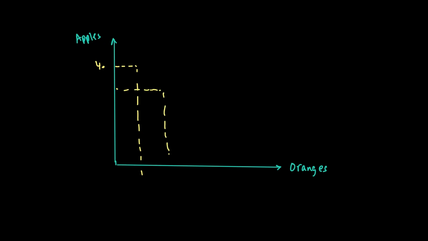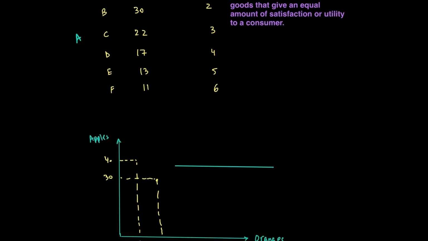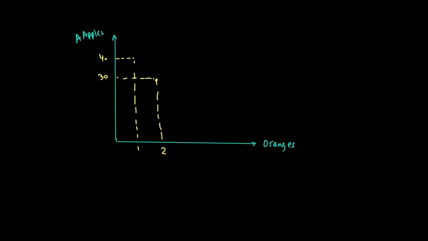If you go back to the table, you had these values of 30 and 2, and then we had 22 and 3, and so on and so forth. So we can plot these values and draw our indifference curve. When I plot these values, you will find, for example, number one, that this curve turns out to be what we call a downward sloping graph.